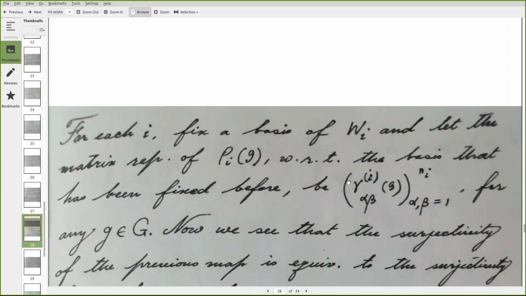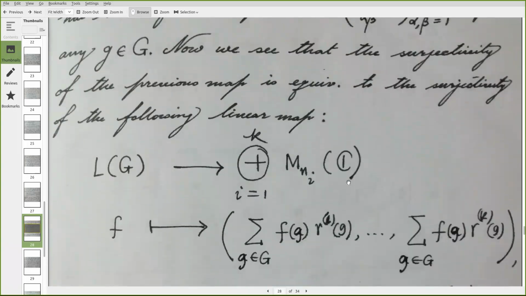Thus the direct sum of endomorphisms of W_i is isomorphic to that, and the isomorphism is basically to take a linear operator and map it to its corresponding matrix with respect to the basis fixed beforehand.